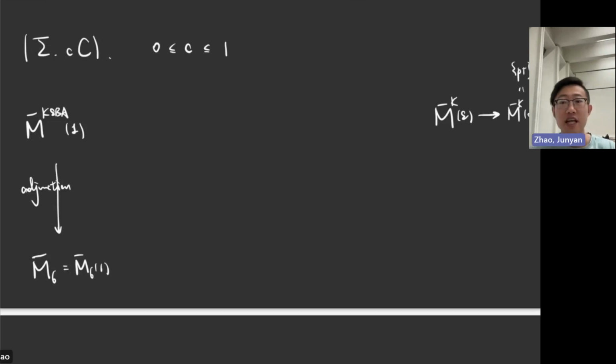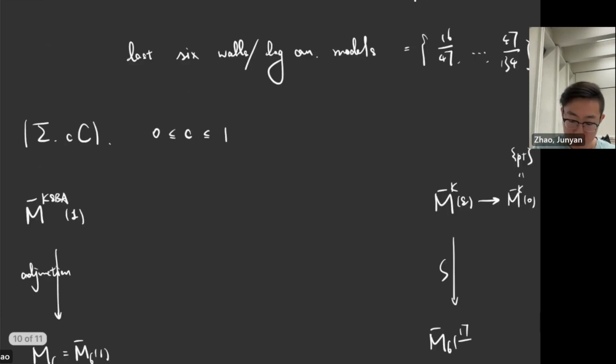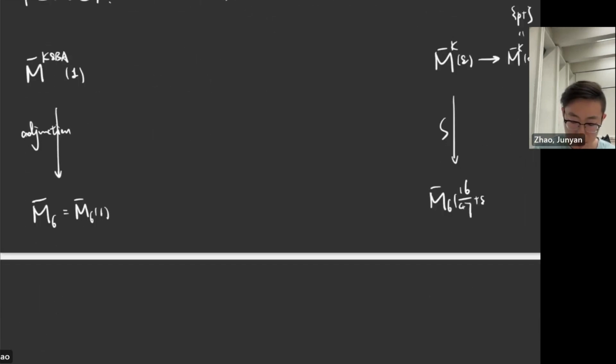And you have a morphism given by the forgetful map. You forget about the boundary divisor, but only preserve your surface, which is the smooth quintic del Pezzo. And here you also have a morphism, which is an isomorphism to M6 bar(16/47 + epsilon), and you also have the contraction map. These two are trivially isomorphic because they are all points.